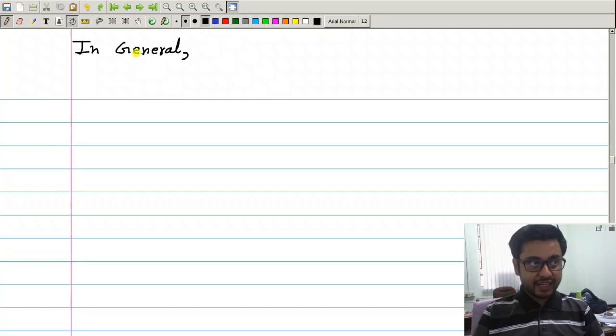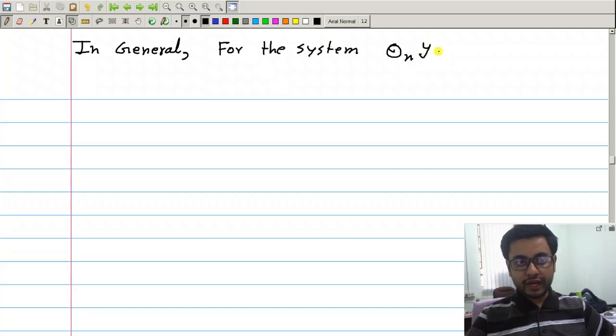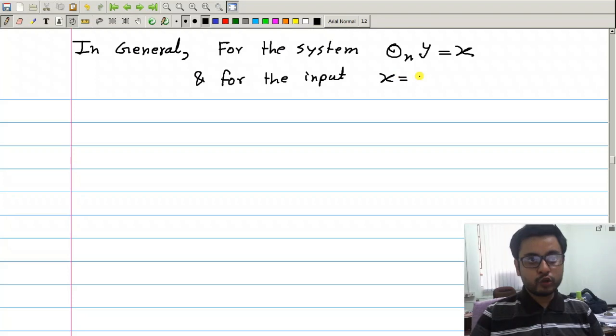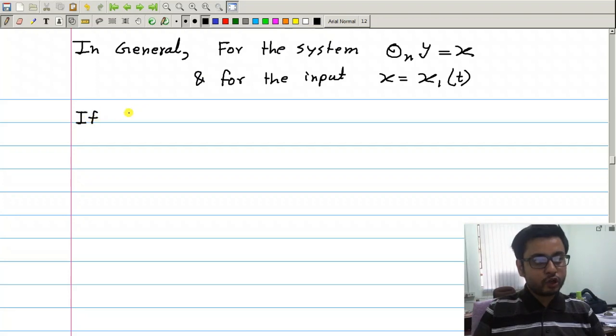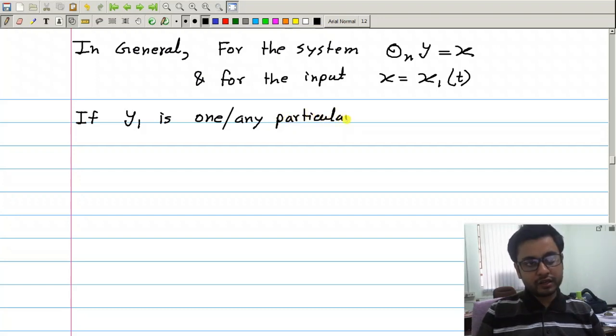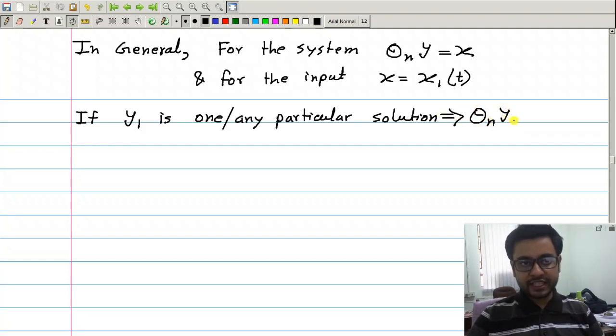Now let me generalize. For the system O acting on y is equal to x, and for the input x equal to x1(t), if y1 is one particular solution, or any one particular solution, that means O acting on y1 gives x1.